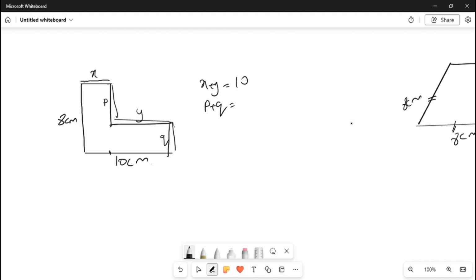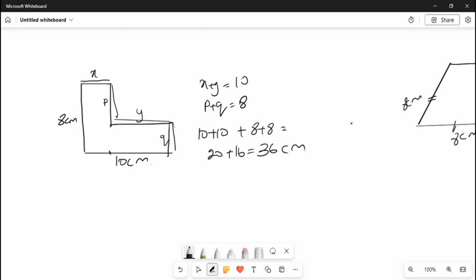So the total length is 10 centimeter comes 2 times, 8 centimeter comes 2 times. So 8, 10, 10, 20 plus 16, 36 centimeter together.